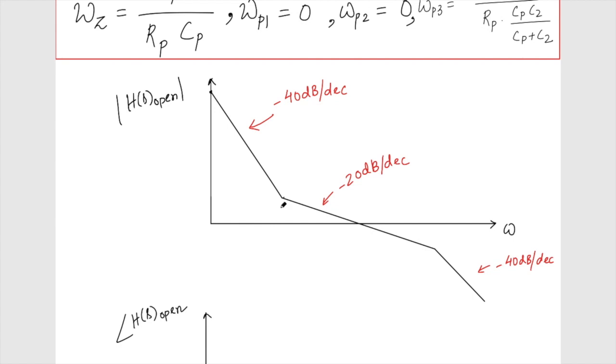Okay, so now this is the location of my 0, omega Z. And this is the unity gain frequency. And this is my omega P3.